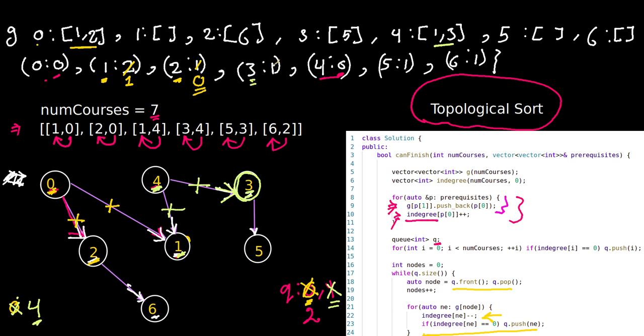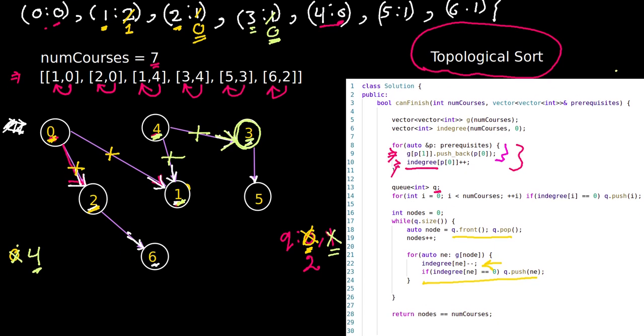The in-degree of 3 is 1 minus 1, which is 0, so we push it to the queue, because there is no longer any edge going into this node. The other neighbor of 4 is 1. 1 has in-degree 1, so 1 minus 1 is 0. Because it's 0, we push it into the queue too. We are done with node 4.